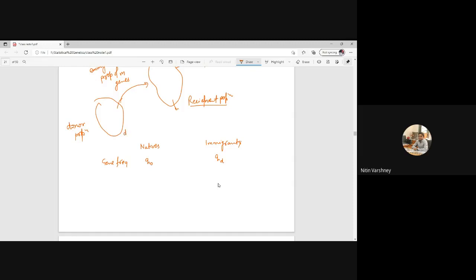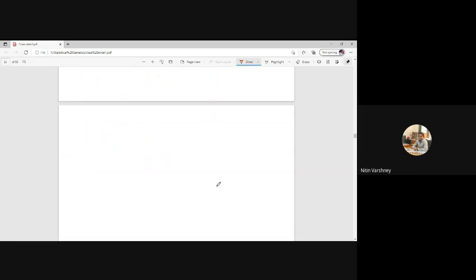So a proportion m of QD genes will transfer from here to here. This is the relative immigration rate, and the native proportion is 1 minus m.